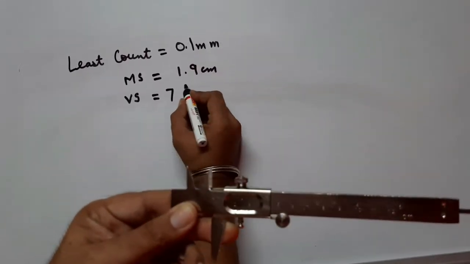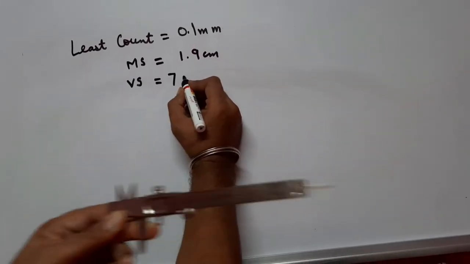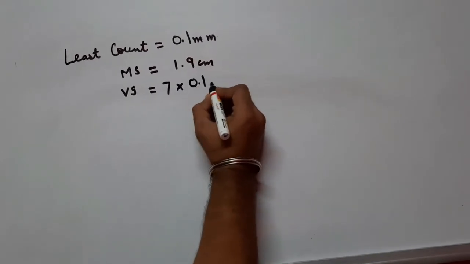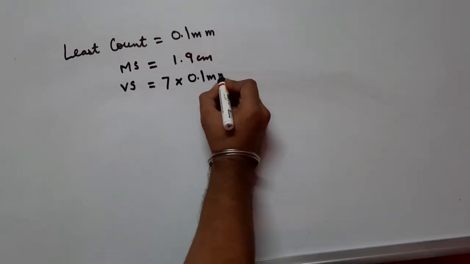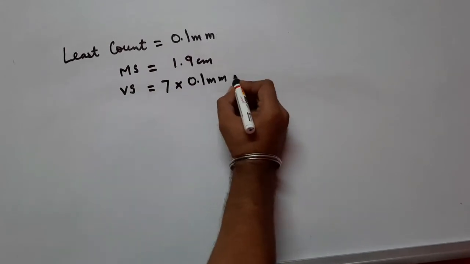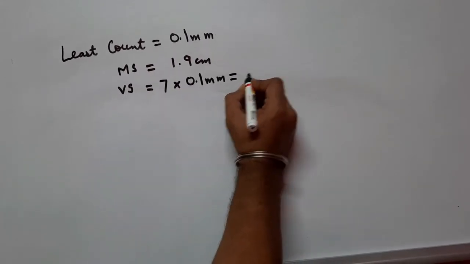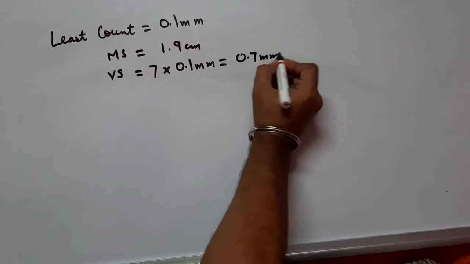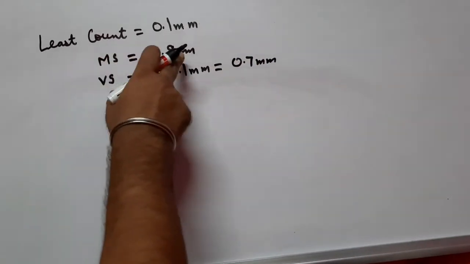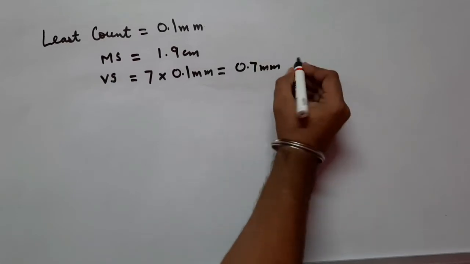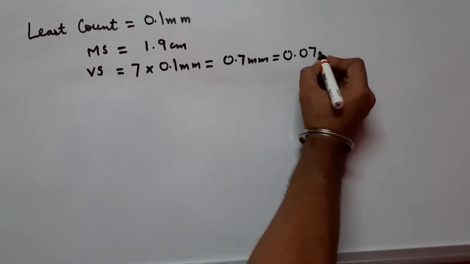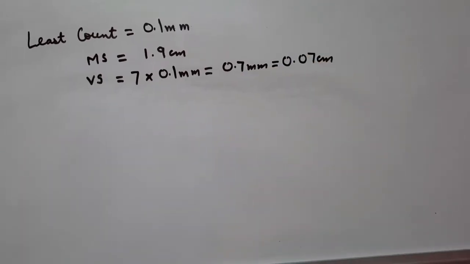Now we know that the least count of a vernier caliper is 0.1 mm. So the vernier scale reading comes out to be 0.7 mm. Now we have taken the main scale reading in centimeters, so we are converting it into centimeters. It is 0.07 centimeters.